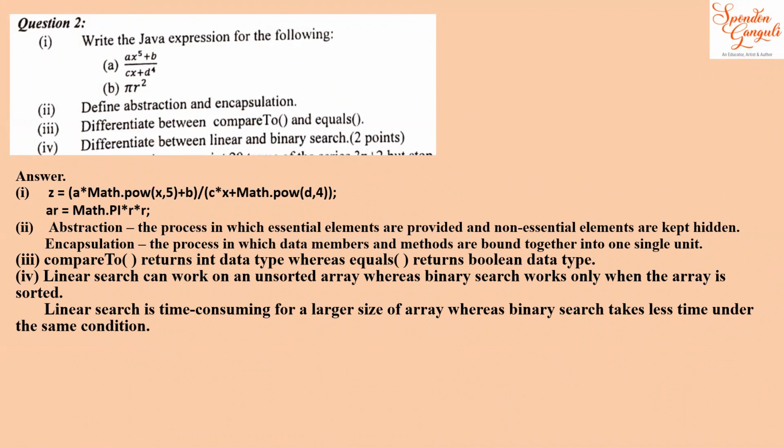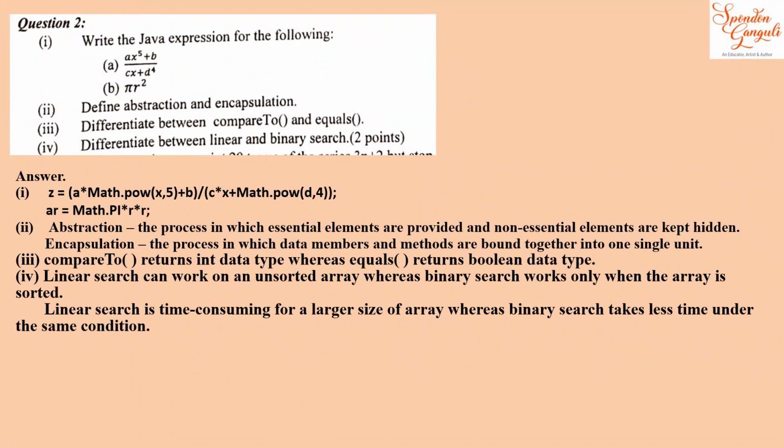You may give the data type of z as double, or you may not, but the semicolon is important. The next one, pi r square, should be any variable ar = Math.PI * r, or you can give 22.0 / 7.0 * Math.pow(r, 2), anyone.